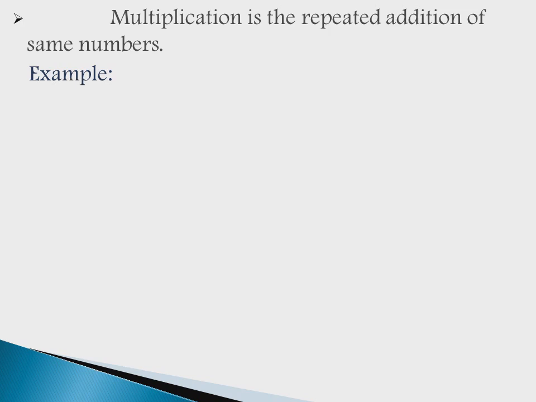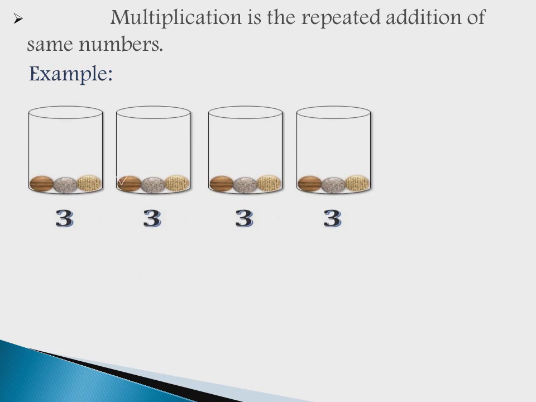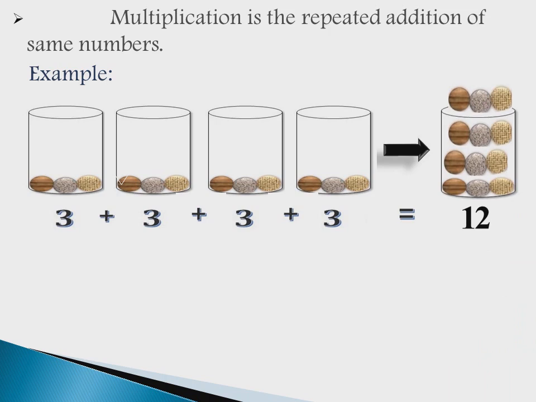Let us take an example to see how multiplication can be shown as repeated addition. Here there are 4 glasses and in each glass 3 marbles are there. To know how many marbles are there in all, what do we usually do? We add 3 plus 3 plus 3 plus 3 is equal to 12 marbles in all.